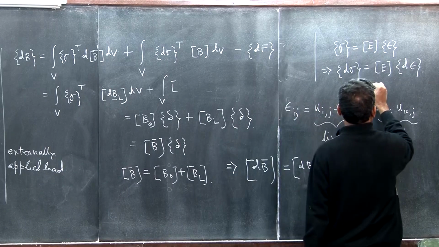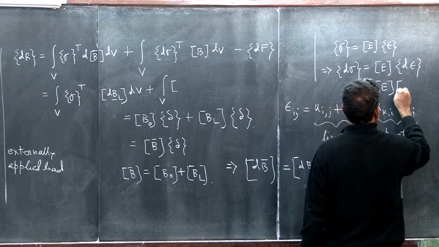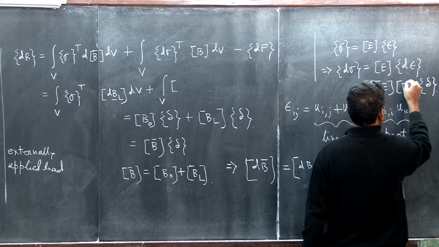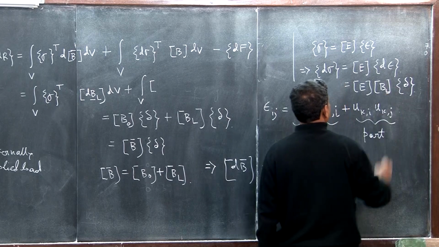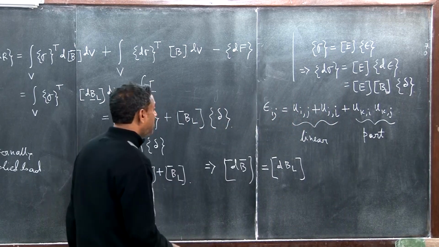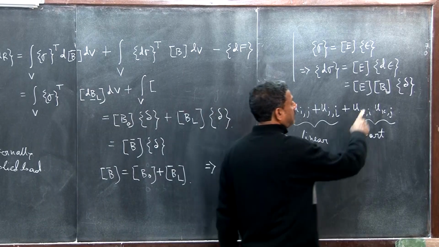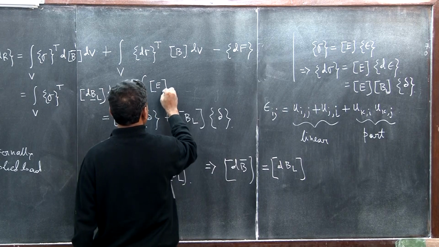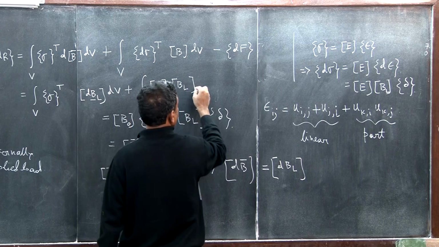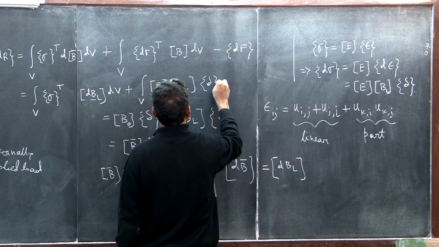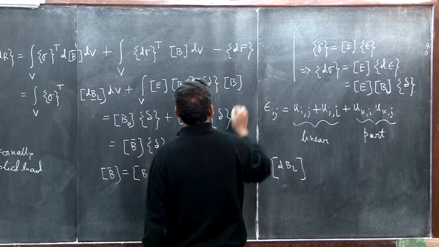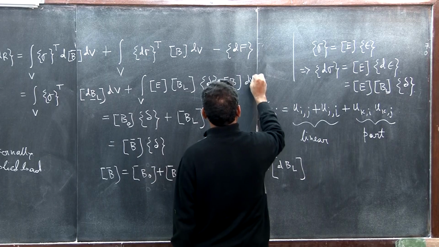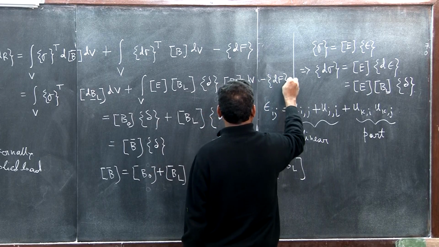And d epsilon is nothing but B bar d delta, and please note that this is non-linear, right? Because if you take the differential of the linear part of strain, then it will be 0. So the non-linear part will be there. So here I can write E, this is BL, this is d delta, and then B dV minus dF, right?